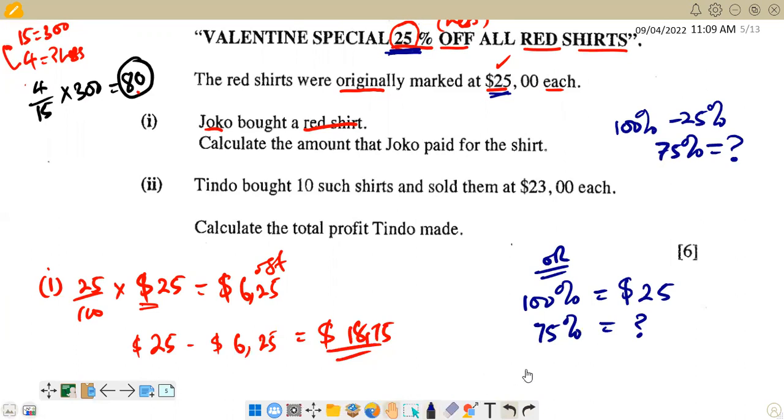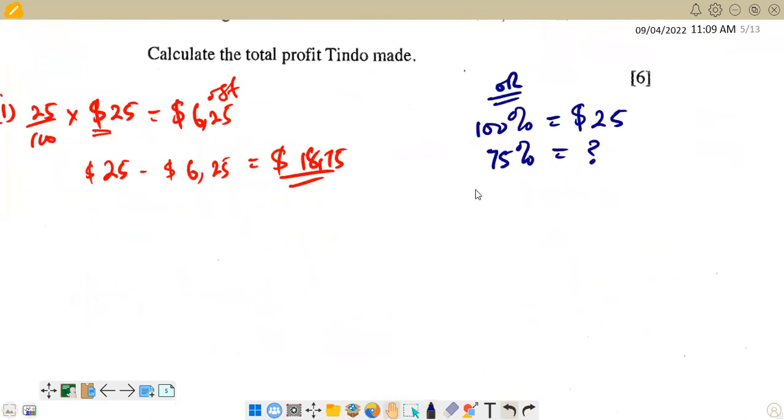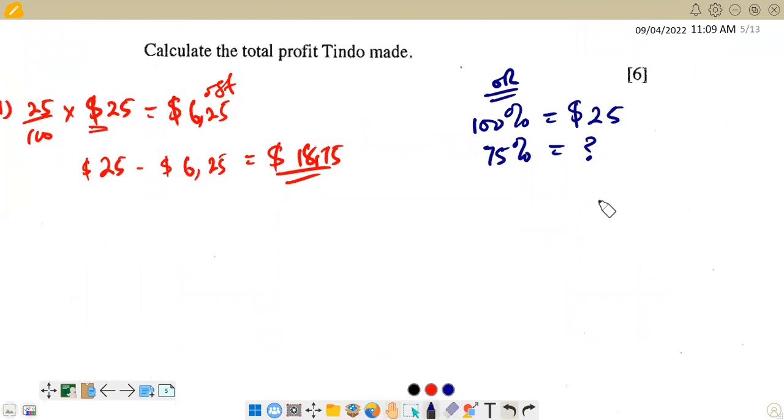So since we do not know this, we have to apply our simple proportion. This is going to be lesser here, so we've got less. So from this part, since it is less, we take the lesser value, which is 75 over the bigger value, 100, times $25. What you want is the one that you write on top here. So since it's less, you write the lesser part.